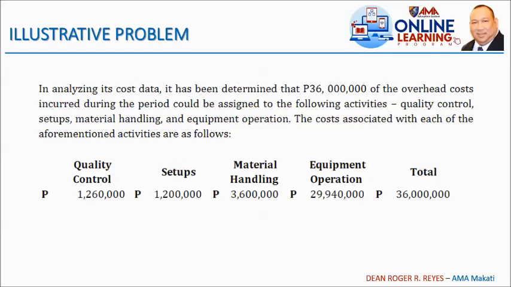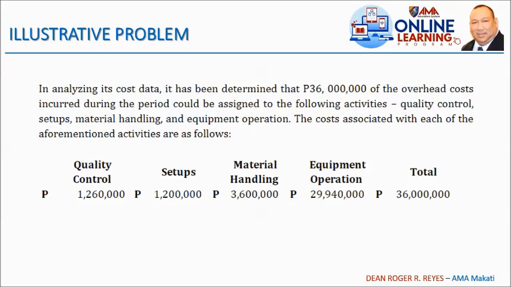In analyzing its cost data, it has been determined that 36 million of the overhead costs incurred during the period could be assigned to the following activities. Remember, pag activity-based costing, we identify the activities that affects the production of the product.